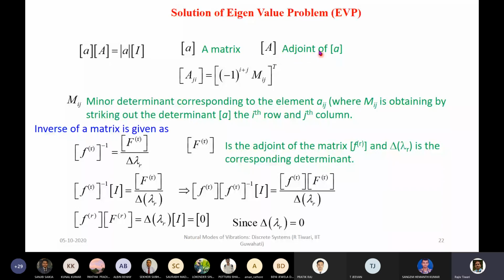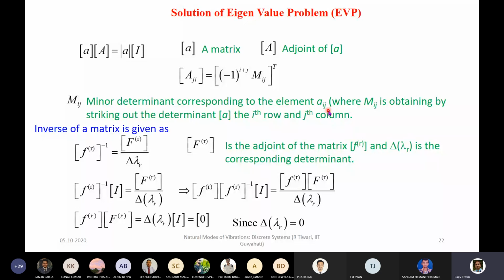The adjoint matrix can be obtained using this. If I want to find the ij element of the adjoint matrix, this is the formula, which you can find in any mathematics book. Here Mij is the minor of the A matrix. Mij is the minor determinant corresponding to the element Aij.